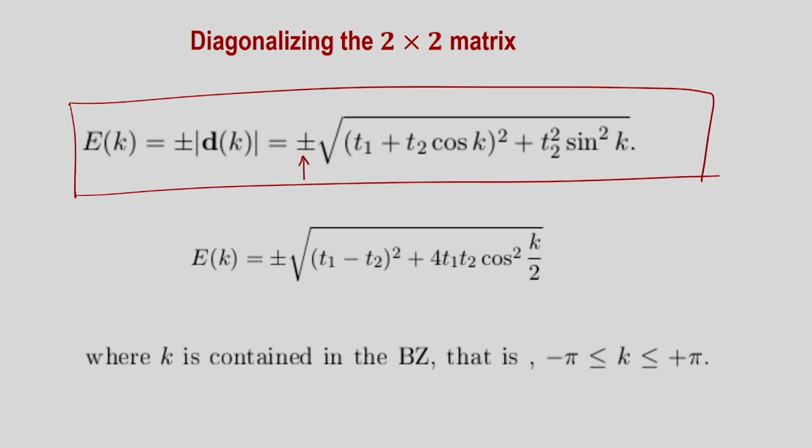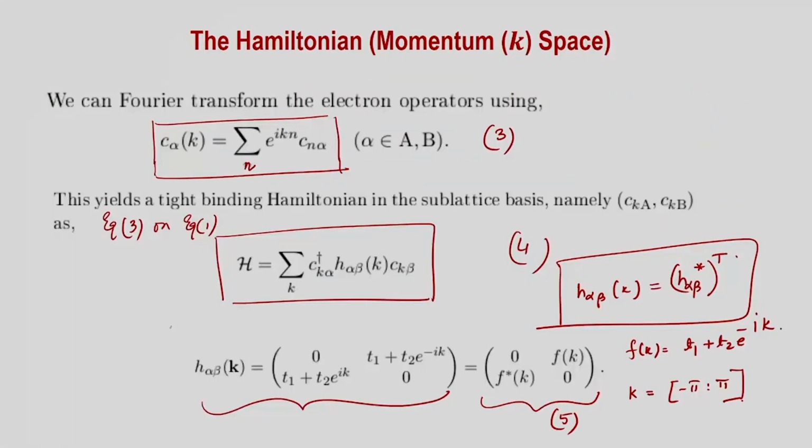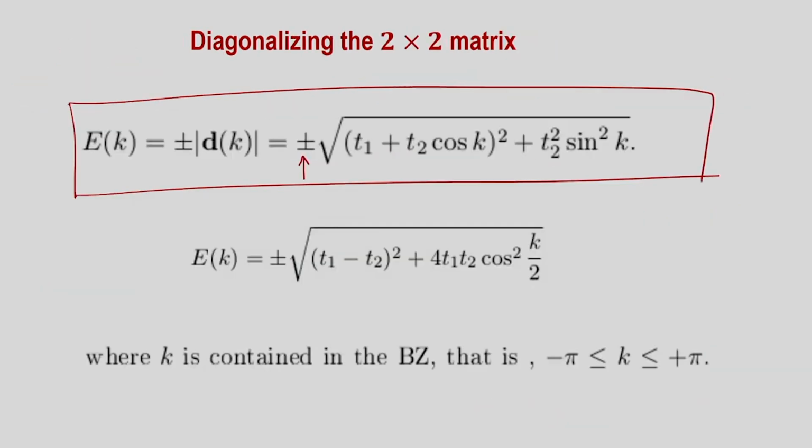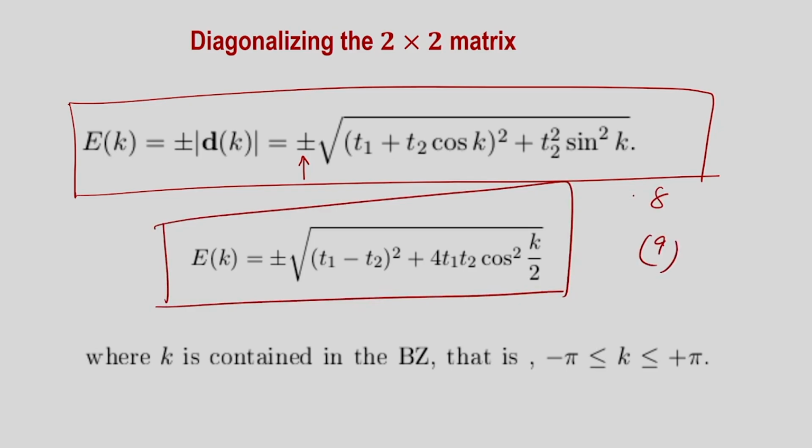If we open the bracket, we can write it in a more convenient fashion: plus minus the root of (t1 minus t2) squared plus 4 t1 t2 cos squared k by 2. Say this is equation 5, this is equation 6, this is equation 7, let's call this equation 8, and this is equation 9.